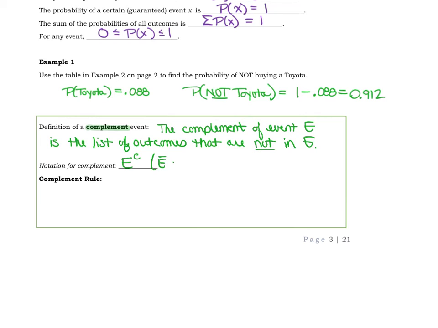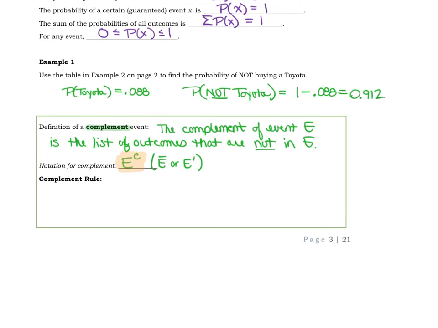And you'll also see E with a prime, which also means complement. For our purposes in this class, I'm going to stick with the superscript C for notes, but that does not mean you won't occasionally see the other notations in some of the online homework, because other people do use those. It's really a matter of personal preference.